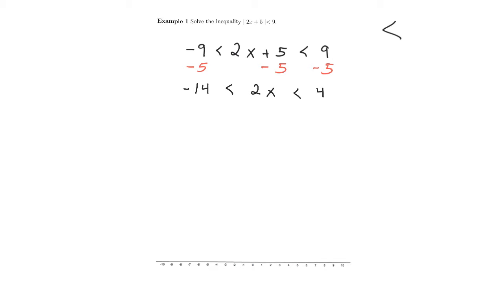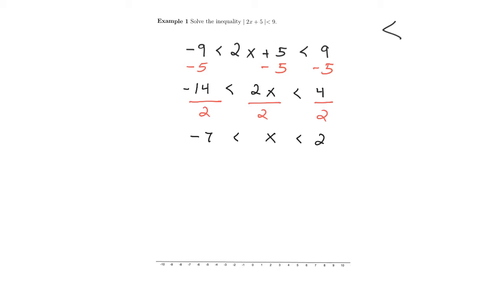Okay, and for my next step, I'm going to divide by 2. And since the 2 is positive, I know it won't change the direction of the inequality. And we're left with negative 7 is less than x is less than 2.